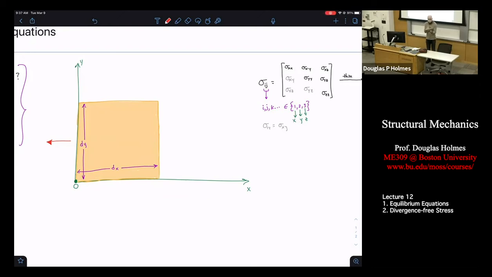It's xx because it is in the direction of the x-axis. I always forget which order is which. It doesn't matter.